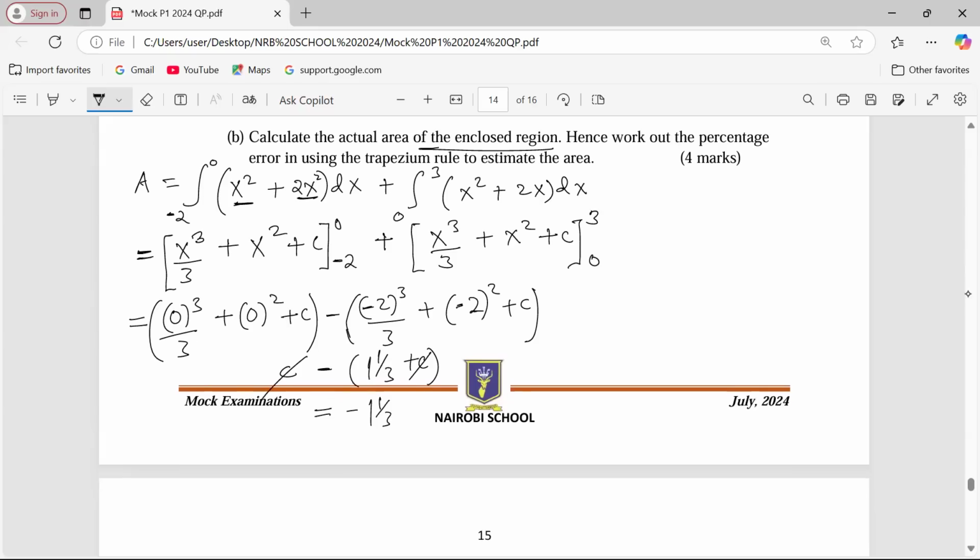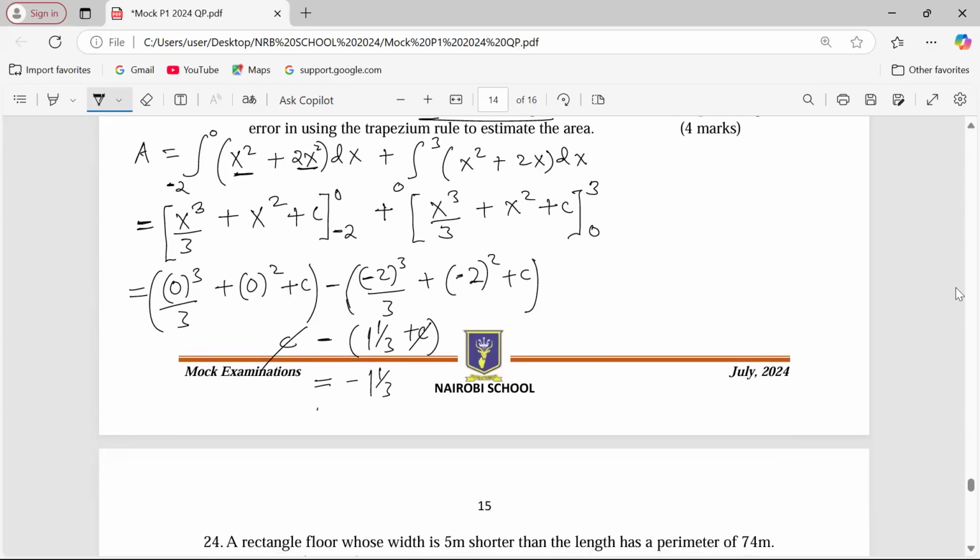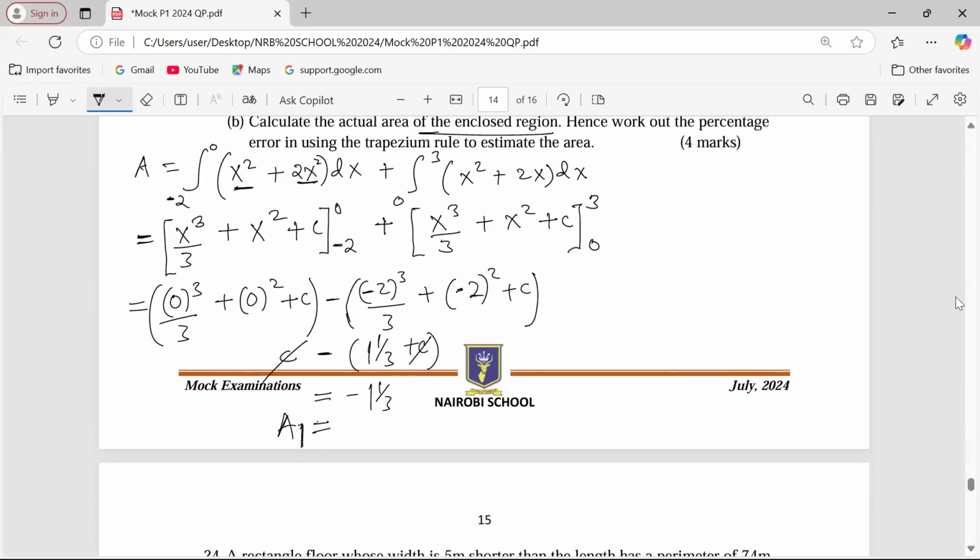This is the final integration. We should know that the negative is just showing us that the area is on the lower side of the x-axis. So the absolute value becomes the area, 1 1/3 square units.